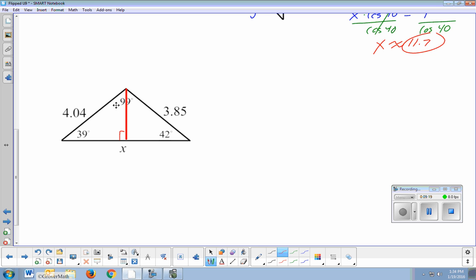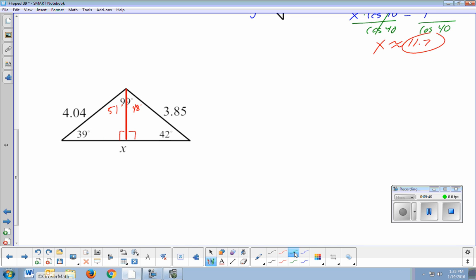I need to figure out what these angles are separately based on the fact that this is 39 degrees. So this one would be 51 degrees because they got to add to 90. And this is 90 degrees. This is, well, I could subtract 99 minus 51, or I could think about these adding to 90. This would have to be 48.